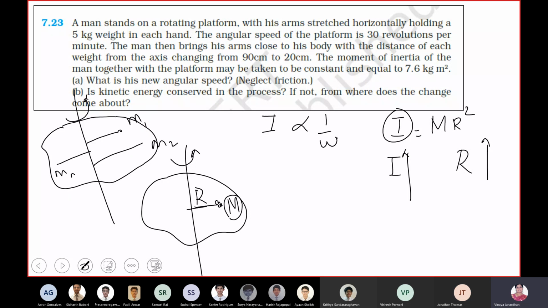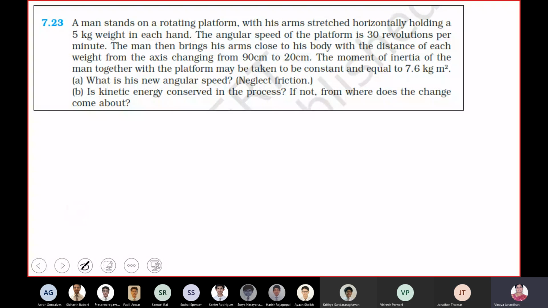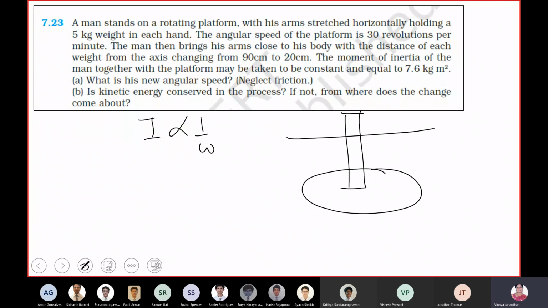Okay, now look at the other statement. Suppose you're sitting on a turntable and you are rotating, stretching your hands.